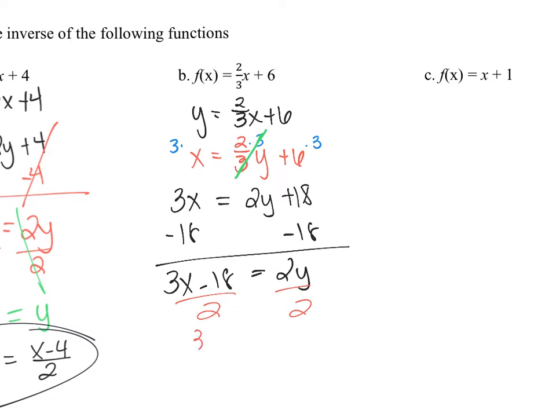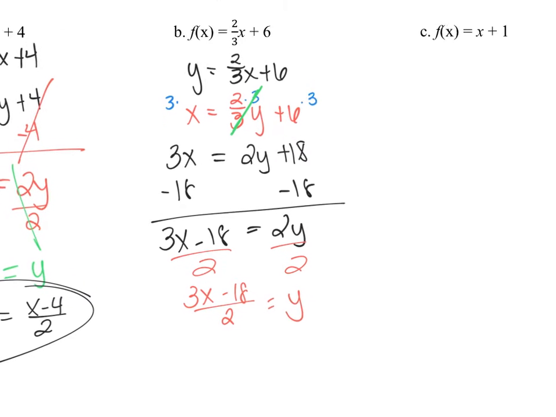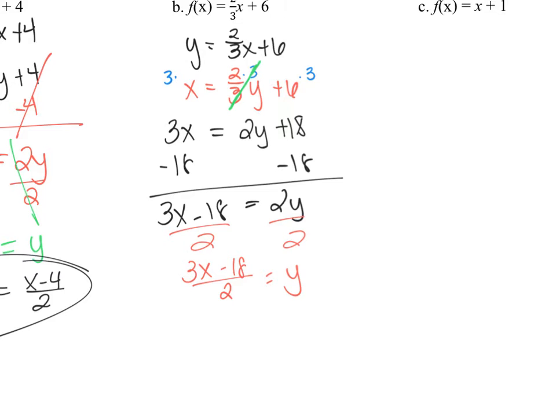Okay, so, am I done? Yes, you can simplify here. I'm not worried about that. I know that you guys know how to simplify. But what do I have to do here with this y? Good. Okay?